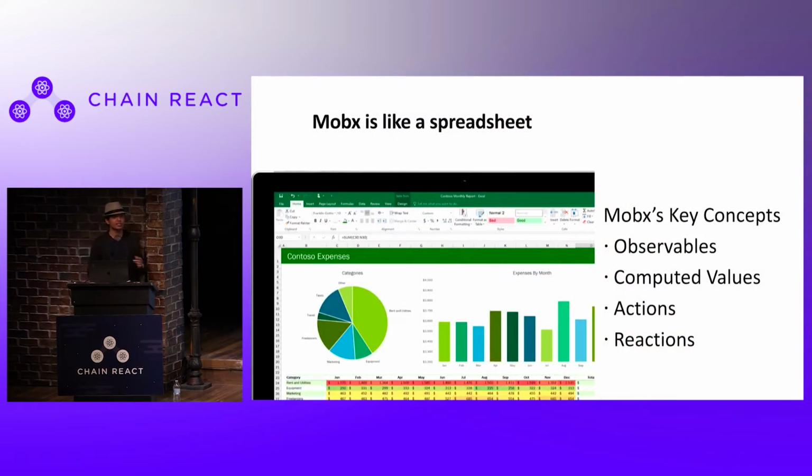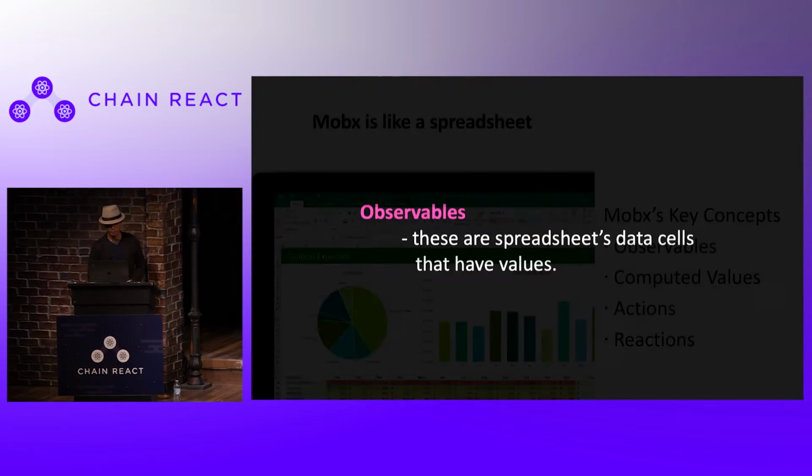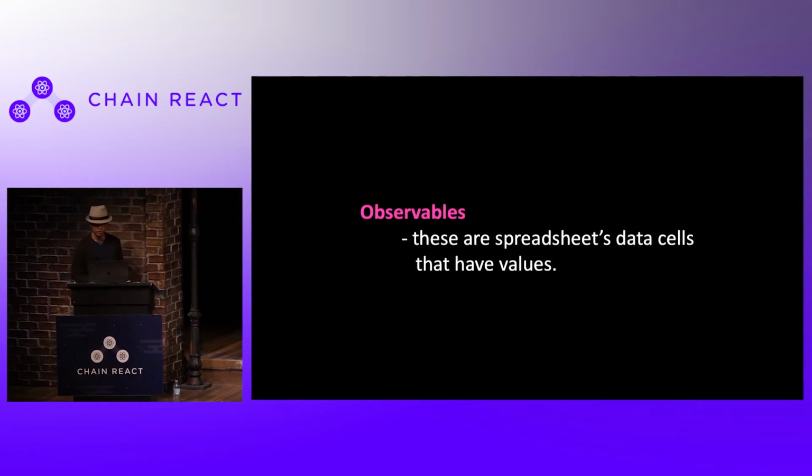Now, to help you easily learn MobX or reactive programming, let's associate them to a spreadsheet. Just remember these key concepts here: observables, computed values, actions, and reactions. Now, how can we compare this with a spreadsheet? Observables turn properties of an object into spreadsheet cells.